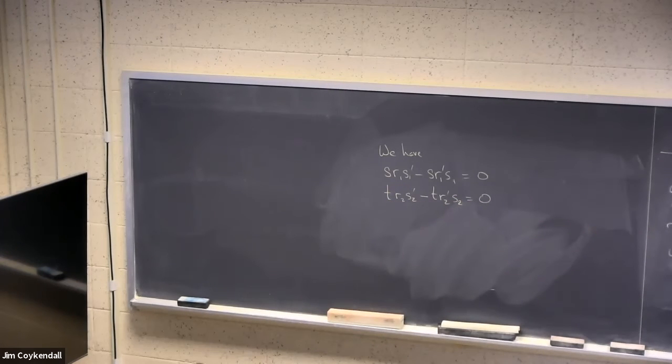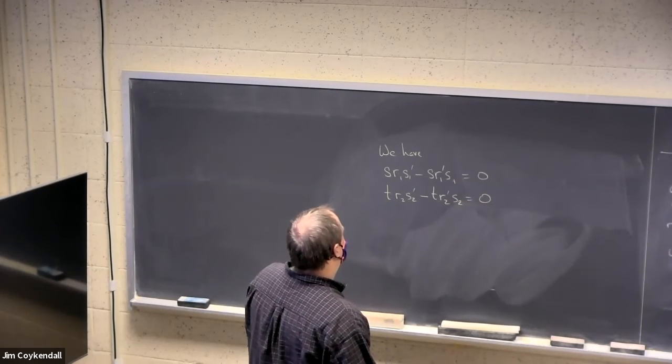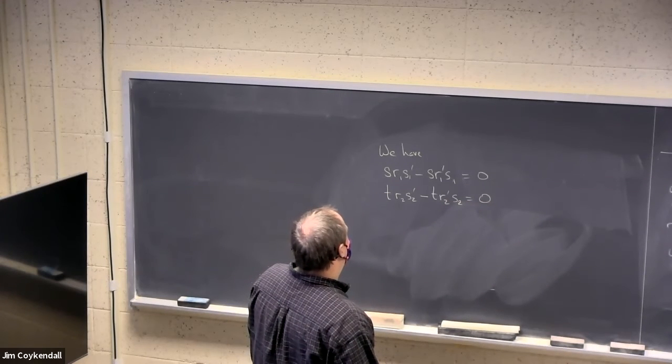And what we need right here is z r1 r2 s1 prime s2 prime minus z r1 prime r2 prime s1 s2 equals 0. Now it's tempting.